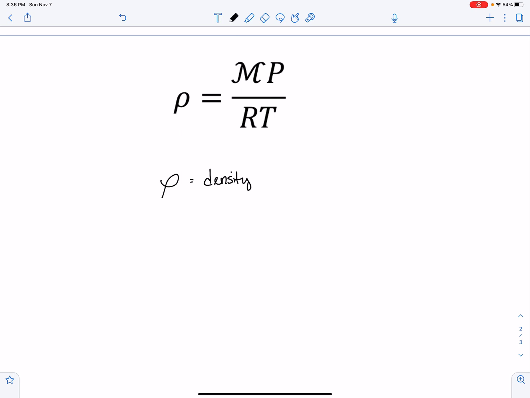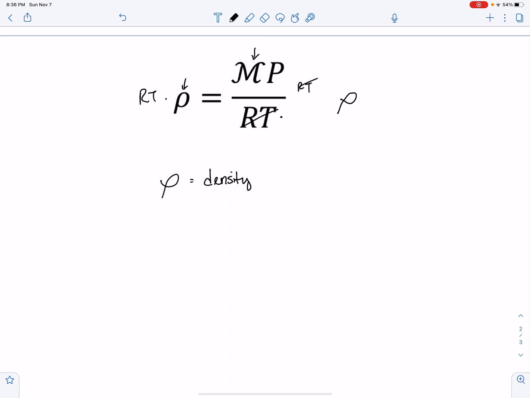So we solve this for M. I'm just letting you know, you sometimes have to solve for this or sometimes have to solve for this. You can solve for the other stuff, but most of the time it's one or the other. If you were solving for the M, then you would have the rho, and you would be multiplying both sides times this RT. Not RT over RT, just RT and RT.